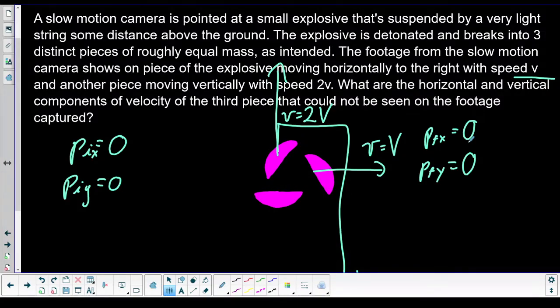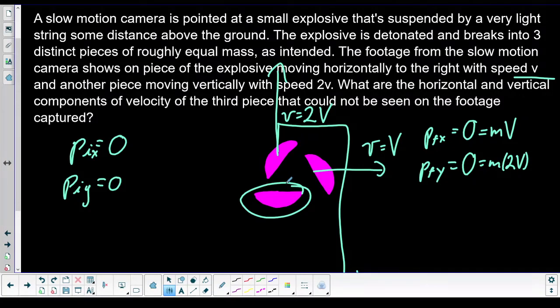So let's look at it. This piece here has some mass. It's got a mass of m, and it's going a speed of capital V. This mass is going vertically, so we'll put it in the y equation, has a mass of m, and it's going a speed of 2v. What is this third one doing?